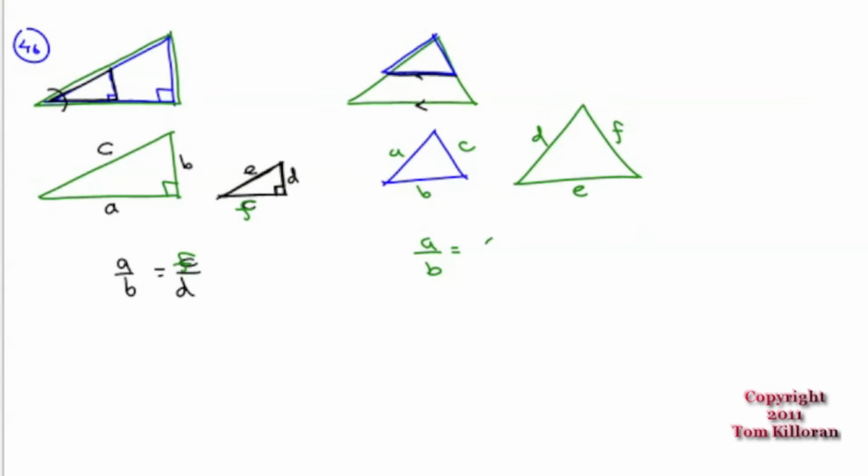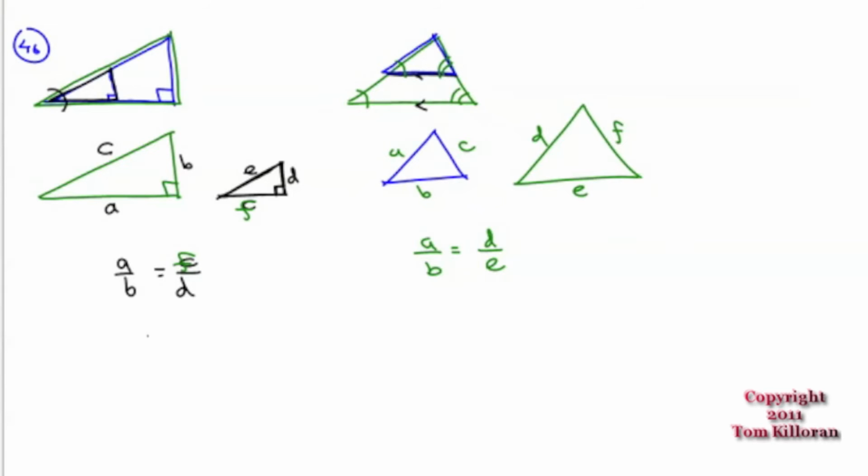D over E. Because these two are also similar, it's not as easy to figure out that they're similar compared to this one. But if you have parallel lines, this angle is equal to this angle, and this angle is equal to this angle. They're called corresponding angles. Remember that? Corresponding. So these are proportions that we can use with triangles.